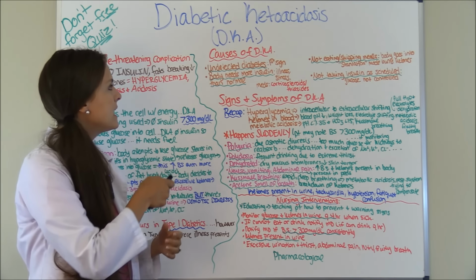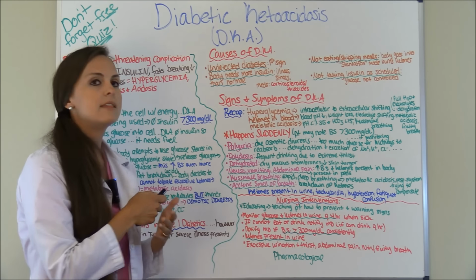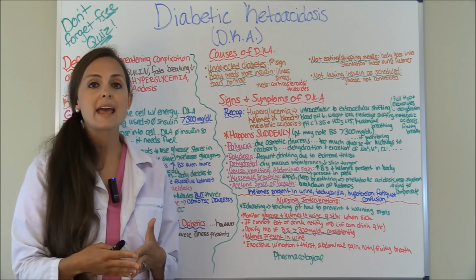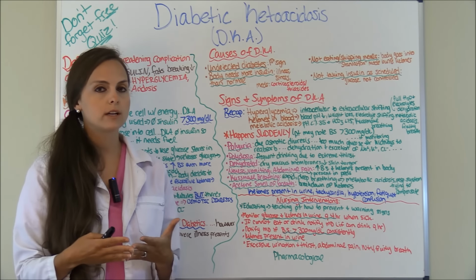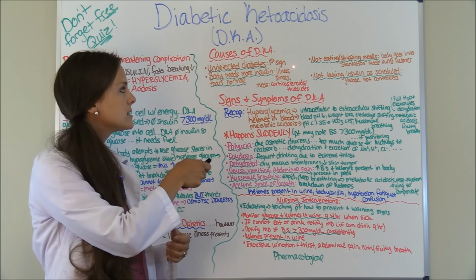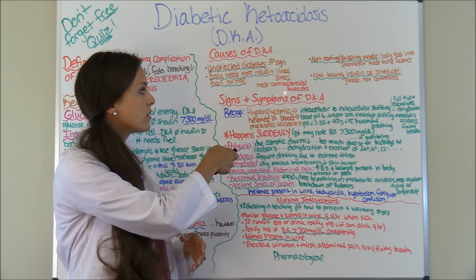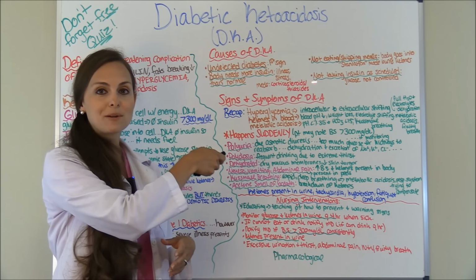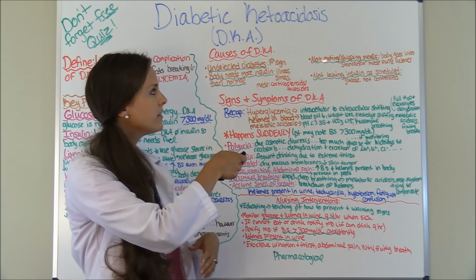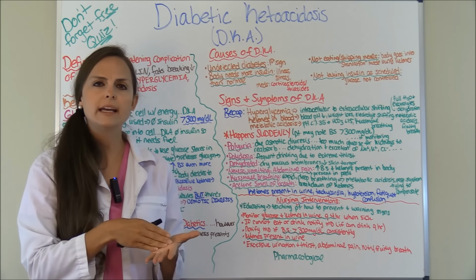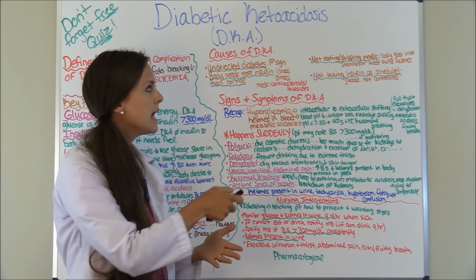Another cause is the body needs more insulin than normal. And what can cause the body to actually need more insulin than it normally would? Illnesses, stress, or medications like corticosteroids or thiazide diuretics. I would remember that. Okay, another thing that can cause it is not eating or skipping meals.